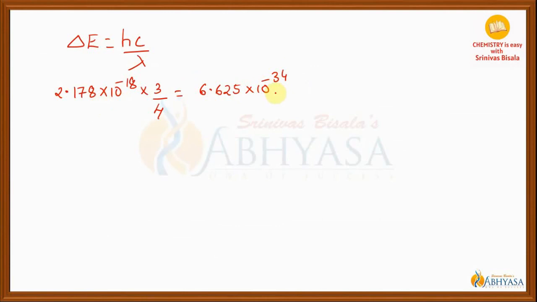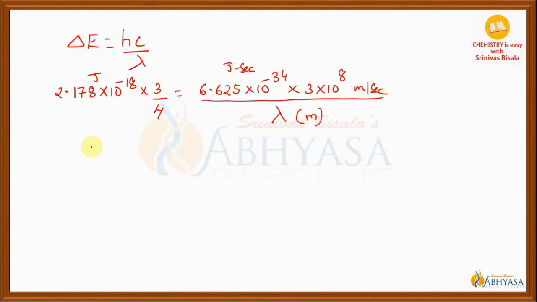So we need to use the joule second value of h and multiply by the velocity of light, which is 3 into 10 to the power of 8 meter per second. This is in meter per second, this is in joule second, and this is in joules, divided by wavelength. So we will be getting the wavelength in meters.